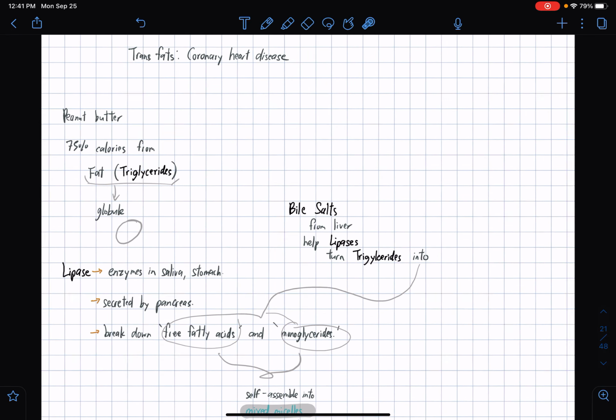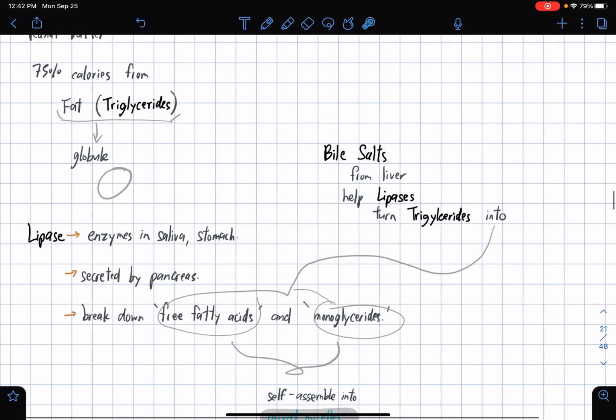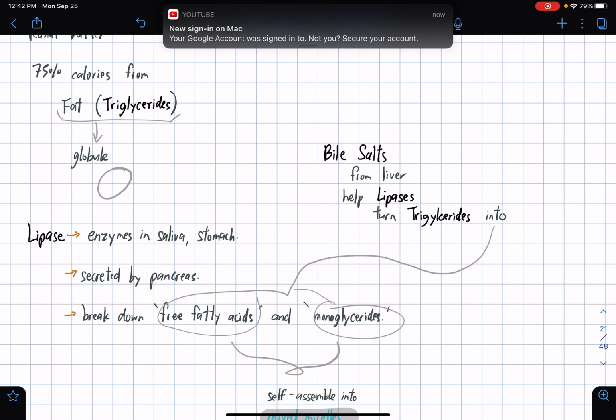So peanut butter, 75% calories from fats. Bile salts from the liver help lipases turn triglycerides into free fatty acids and monoglycerides. Lipases are basically enzymes in saliva and the stomach. They are secreted or created by the pancreas, just like how pancreatic cells produce or secrete insulin for maintaining blood sugar.